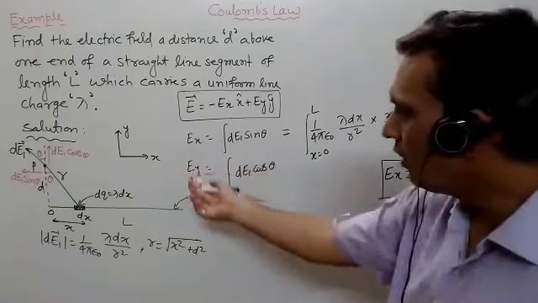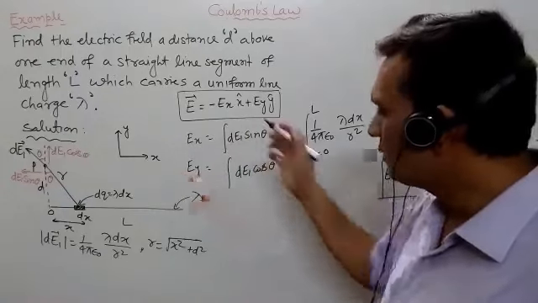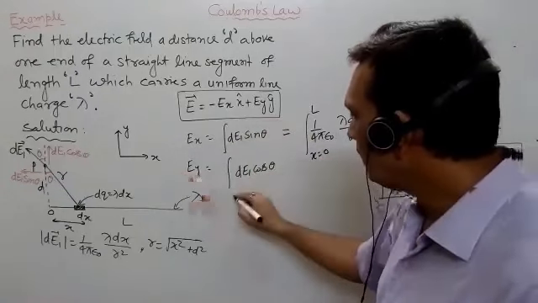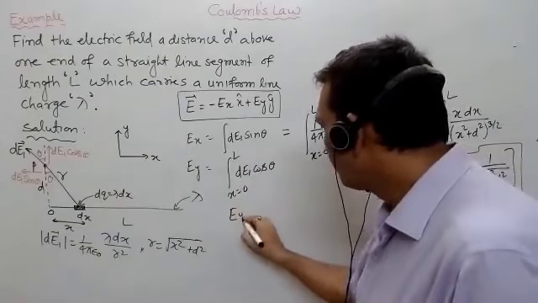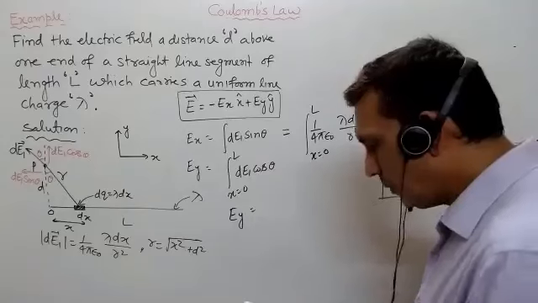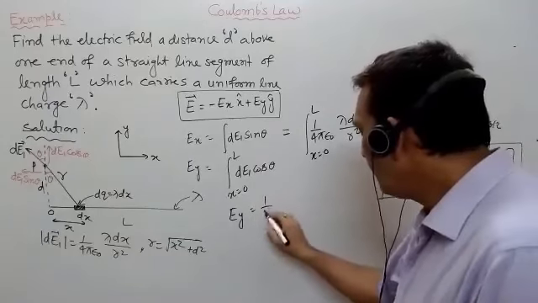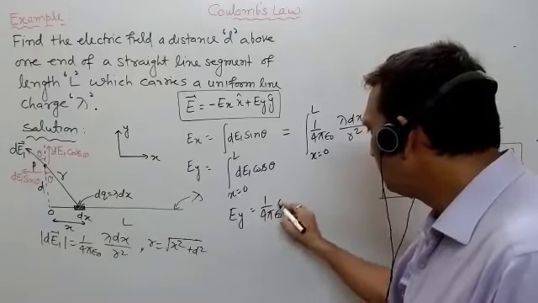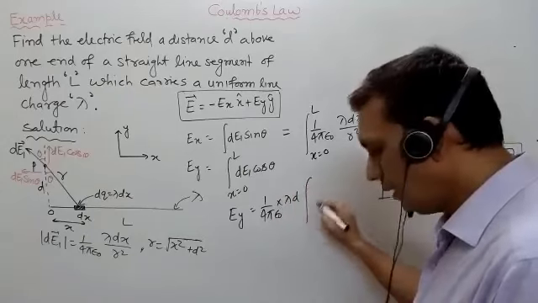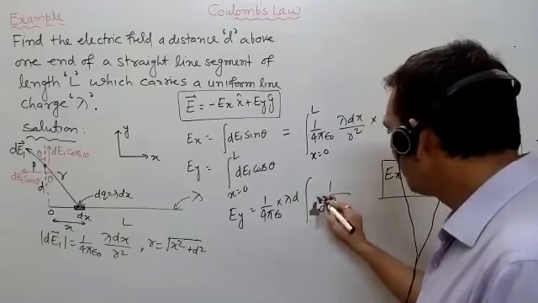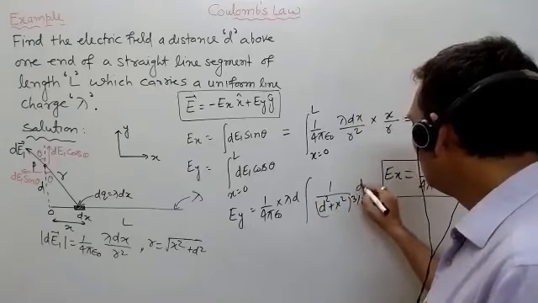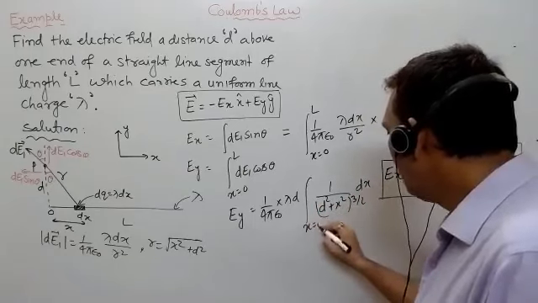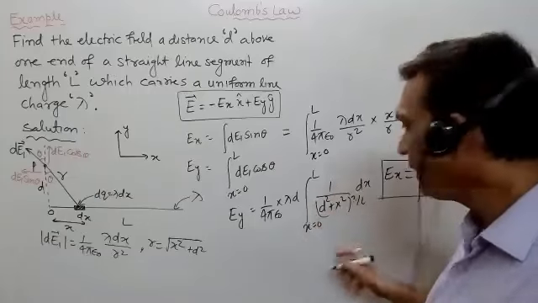And Ey we have already calculated, just the limit is 0 to L. So if you calculate Ey, the integral will be 1 by 4 pi epsilon naught into lambda d integral 1 by d square plus x square power 3 by 2 dx, x from 0 to L. This integral I have already calculated.